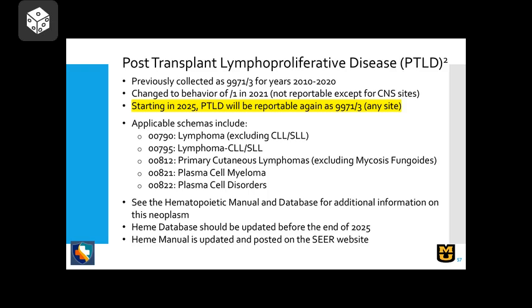See the Hematopoietic Manual and database for additional information on this neoplasm. The Heme database should be updated before the end of 2025. The Heme Manual is updated and posted on the SEER website.